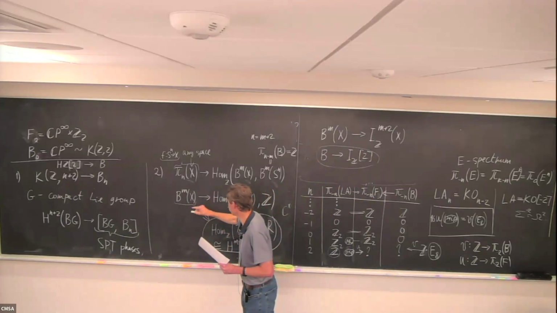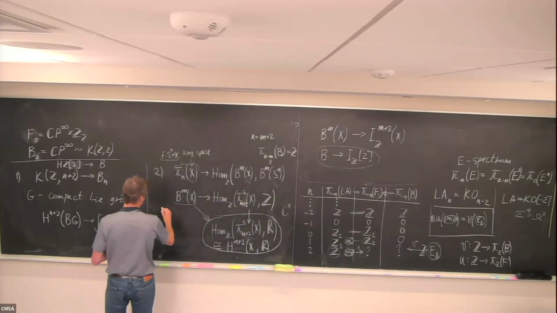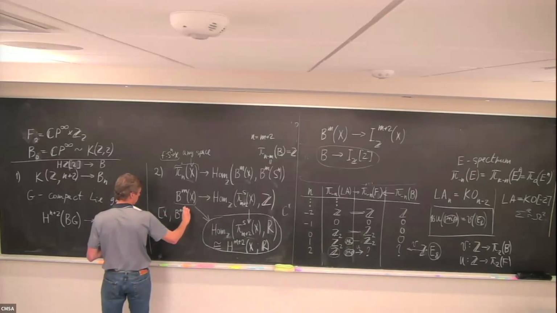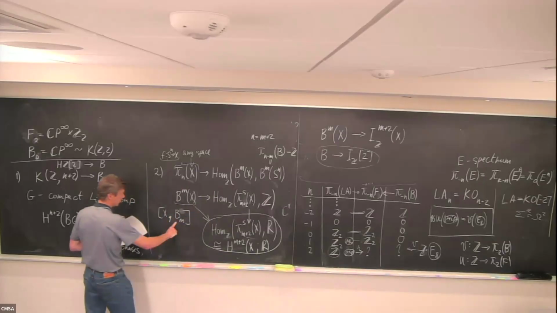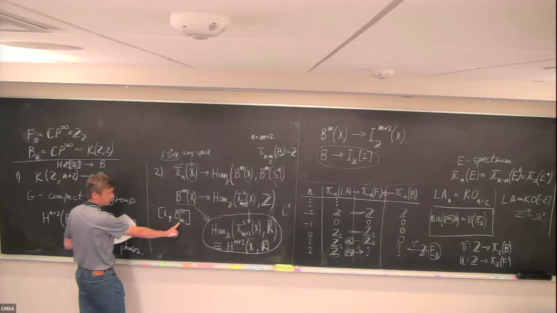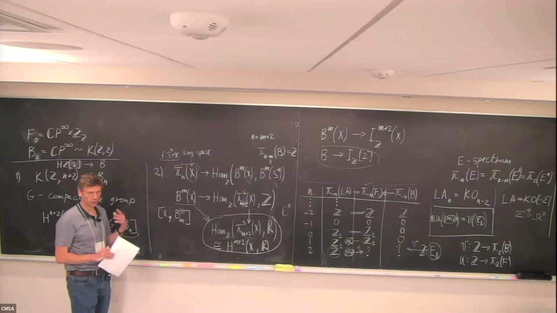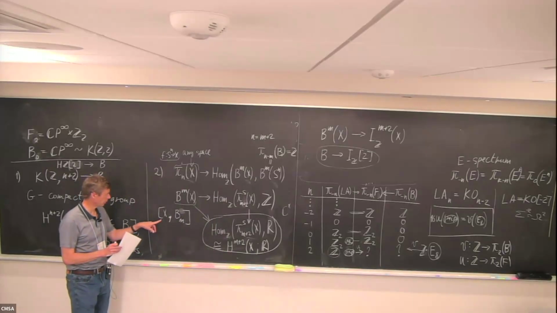If we have Bm of X, these are just maps from X to bosonic phases in dimension M. So we have a parametrized family of bosonic systems in dimension M. And one can define so-called Hall curvatures on bosonic phases, described by Kapustin and Spodyneiko in their paper.